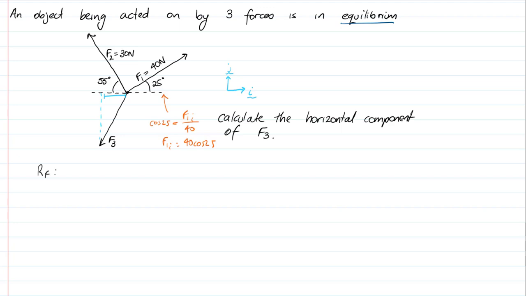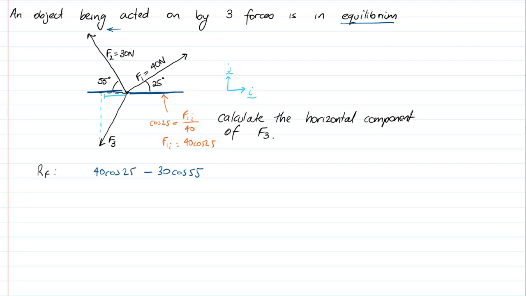Now the thing with the F3 is that we don't know the value of the angle, and so that's going to cause us some problems moving forward. So we're going to have to use both components, but we wouldn't have to do this whole equation I'm about to do now. You could break it into two parts early, but let's do the whole equation anyway. The resultant force looks like this. It looks like 40 cos 25, so that's this part, plus 30 cos 55, so that's this part, and the plus should actually be a minus because it's in this direction.